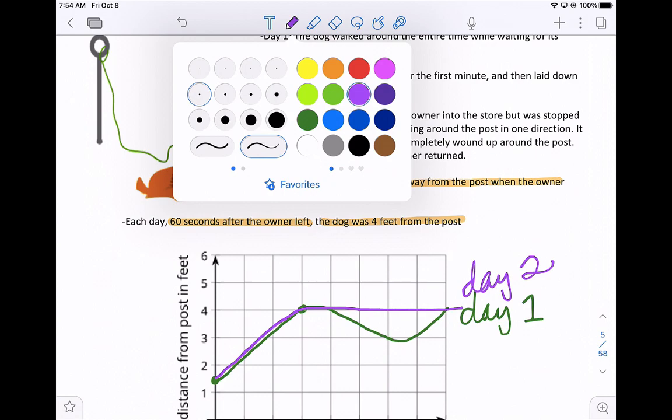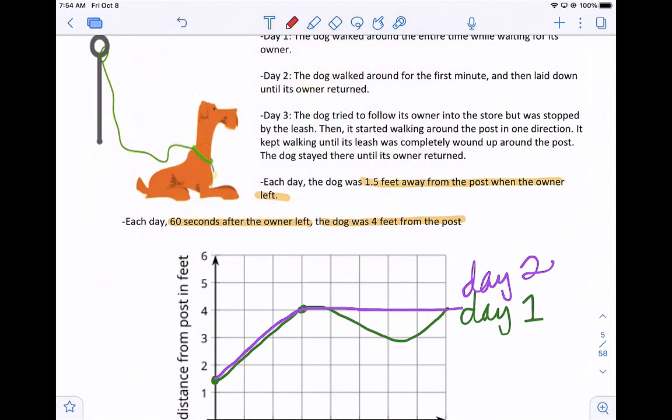And then day 3, the dog tried to follow its owner into the store, but was stopped by the leash. Okay, so the leash was 5 feet long, so maybe something like this. Stopped by the leash. Then it started walking around the post in one direction.